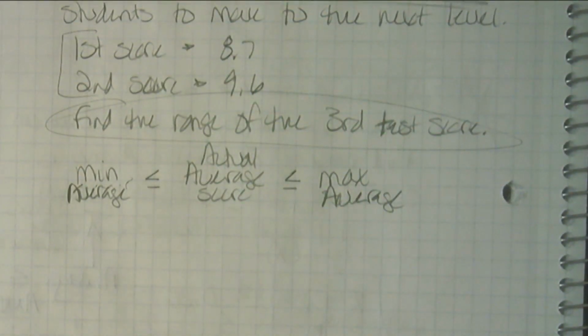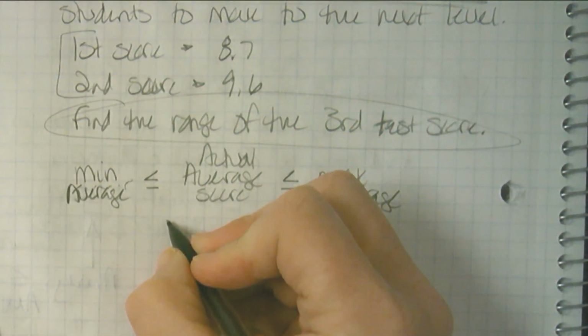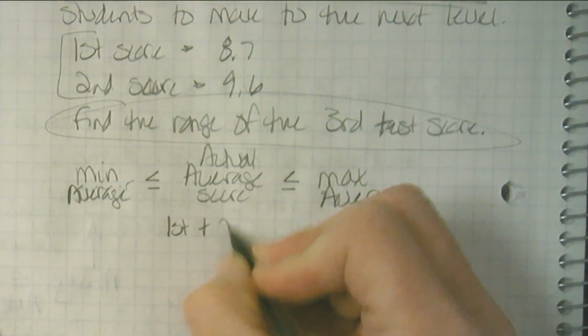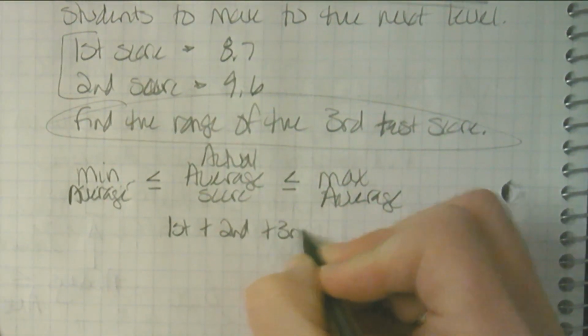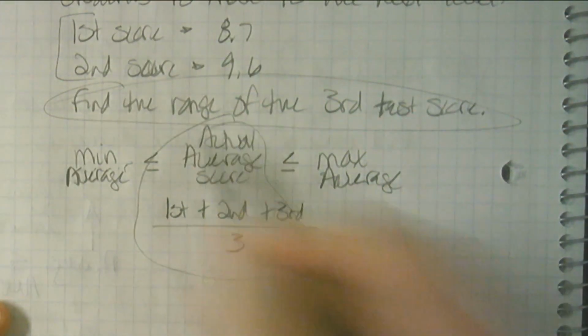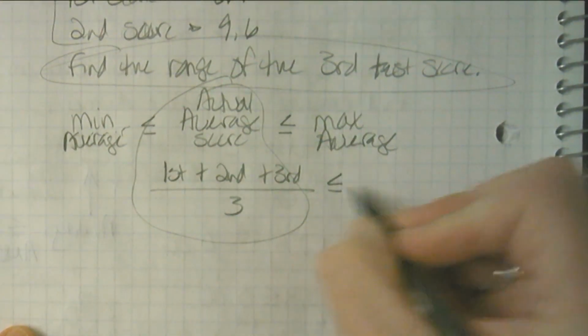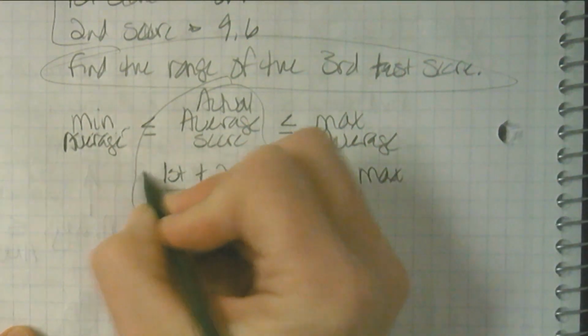How do I find the average of 3 things? How do I find the average of these 3 test scores? Matthew? Yep, so it's going to be my first plus my second plus my third divided by 3. So there's the formula for my actual average. And that's going to be between the minimum and the maximum.